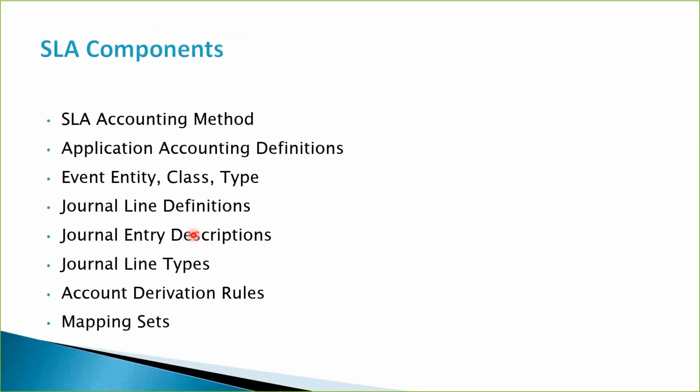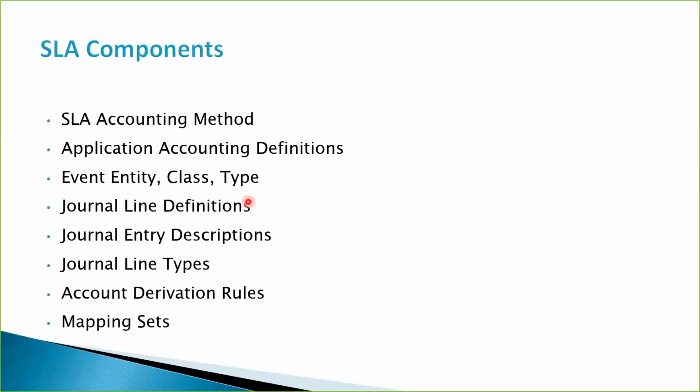Journal line definitions are what dictate how accounting is created for this event type. So in terms of relation, you will have an event type, all right? And then that event type will have a journal line definition associated with it, which dictates how the accounting will be created for that event type.